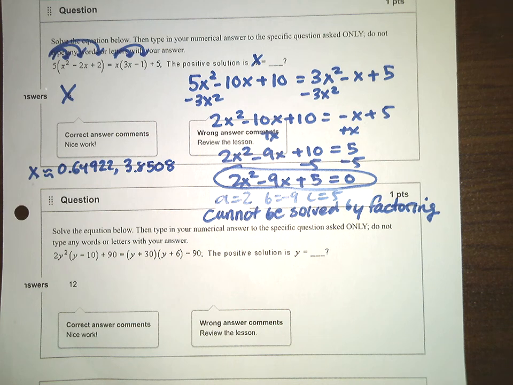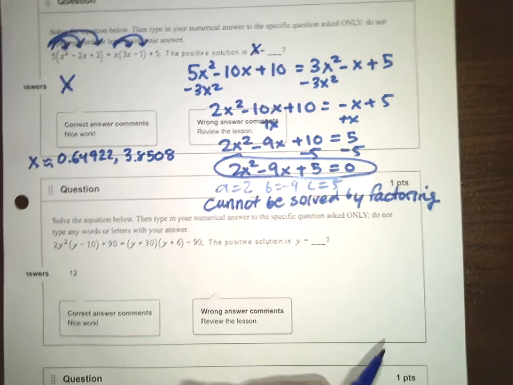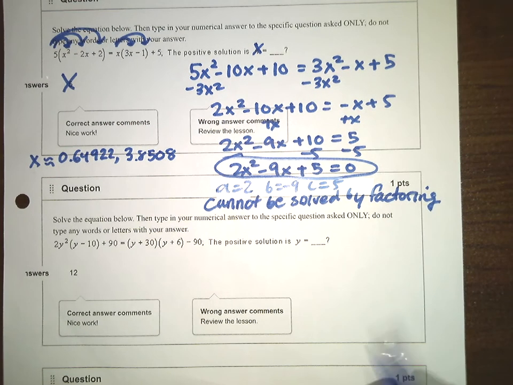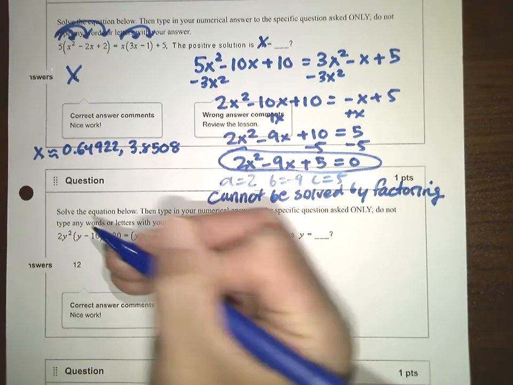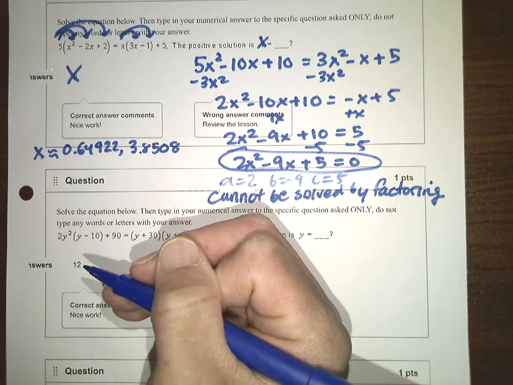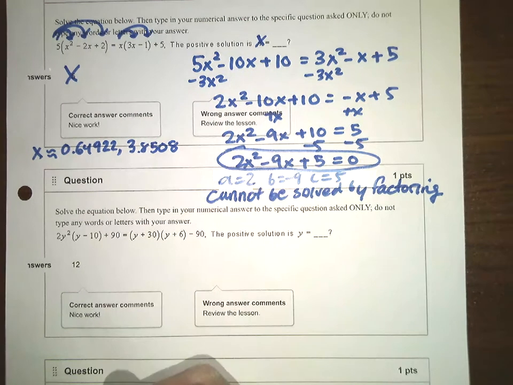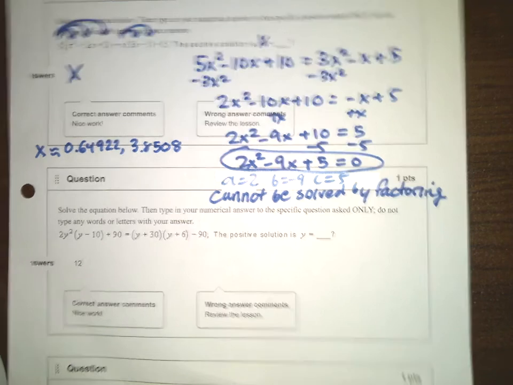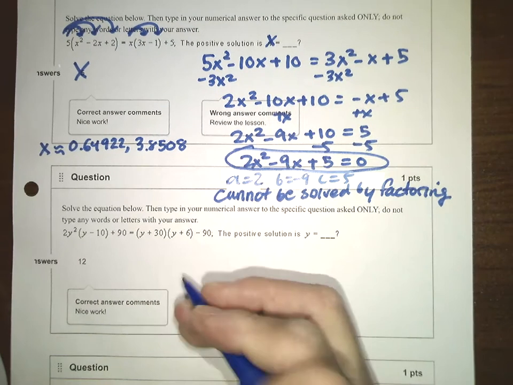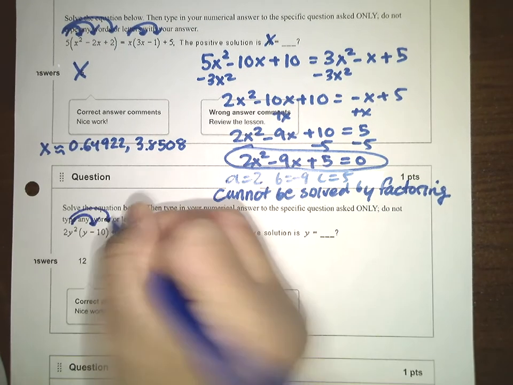So let's try another exciting example here. And this will be our last example. So here we have 2y squared times y minus 10 plus 90 is equal to y plus 30 times y plus 6 minus 90. So let's start by distributing the 2y squared.